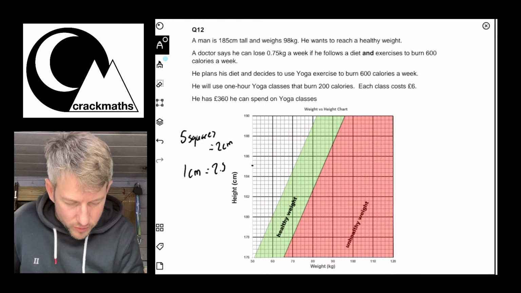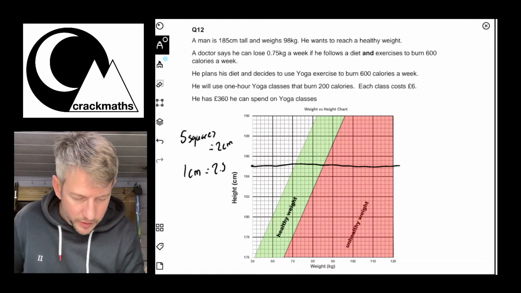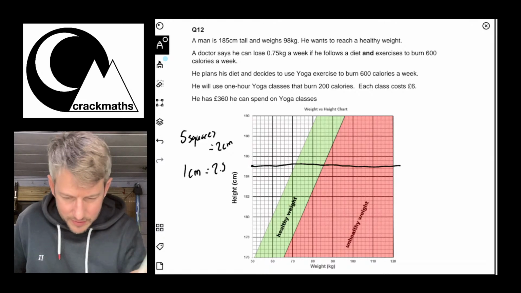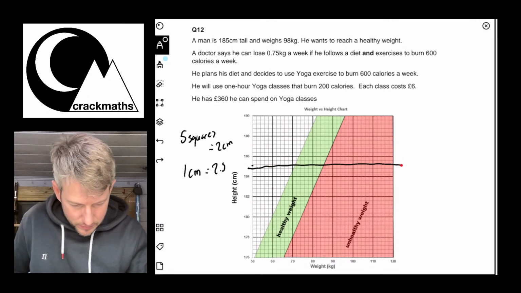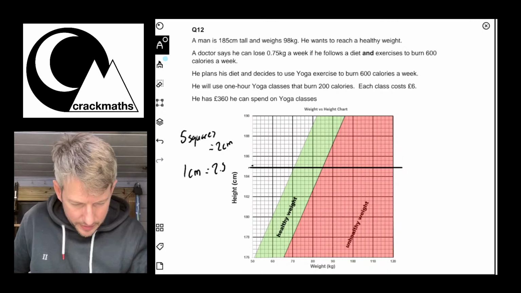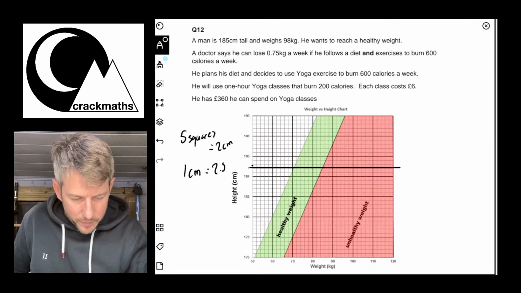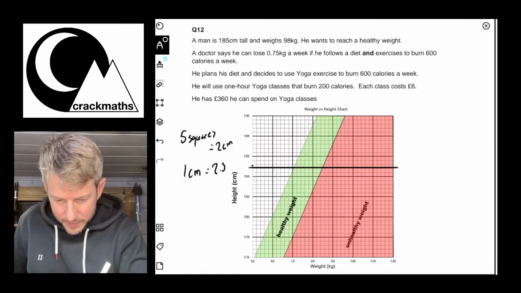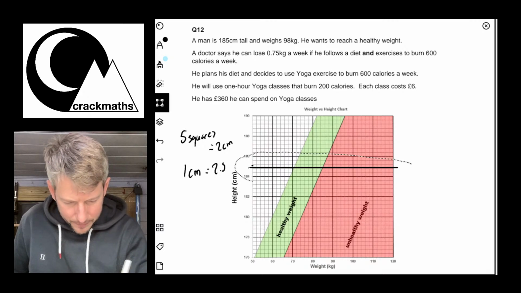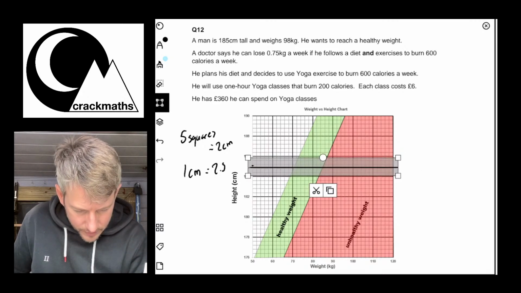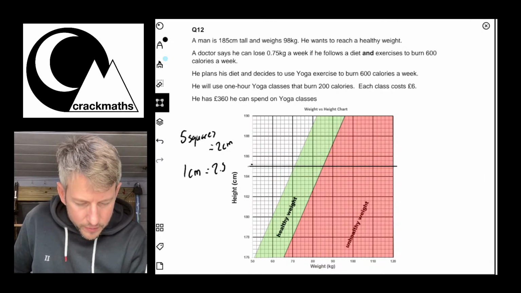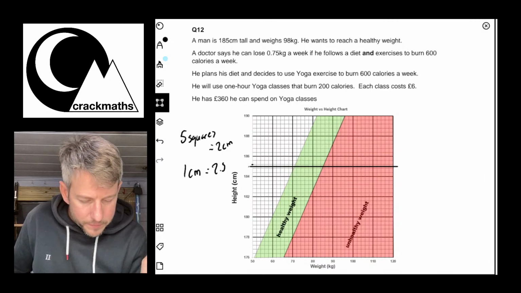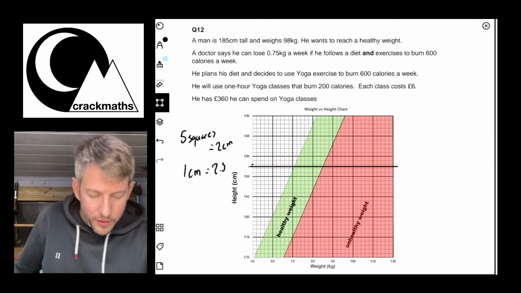So let me just draw a line across here so we know what we're looking at. Oh, I was hoping that would straighten out. Here we go. I've gone a bit low. Okay, 1 second. Let me just move this up a little bit. Just to here. Right, there we go. So, this is here.